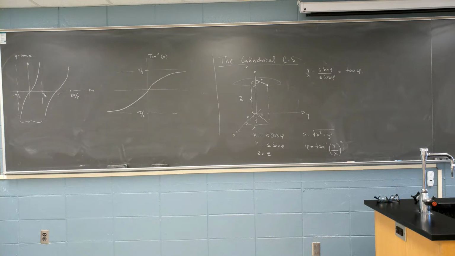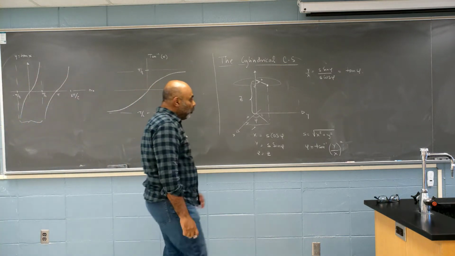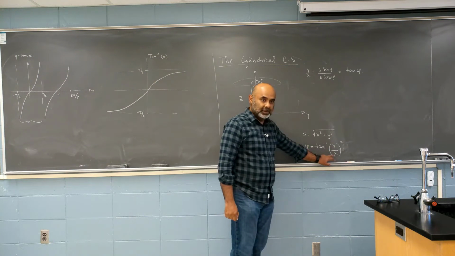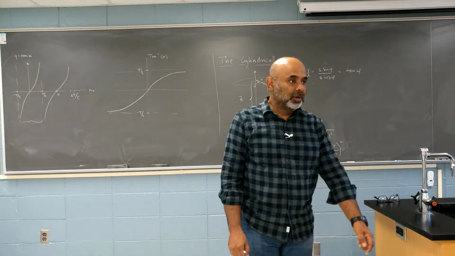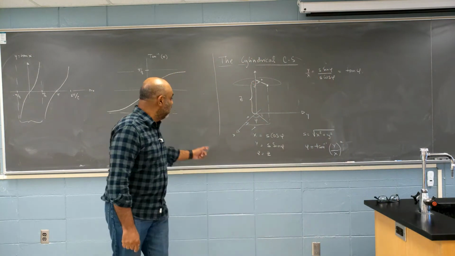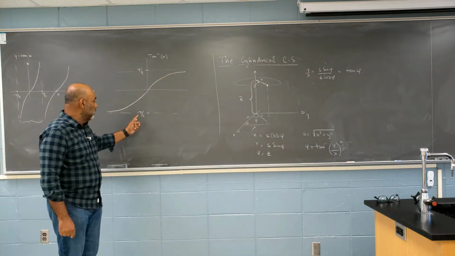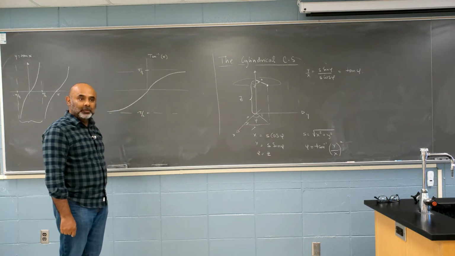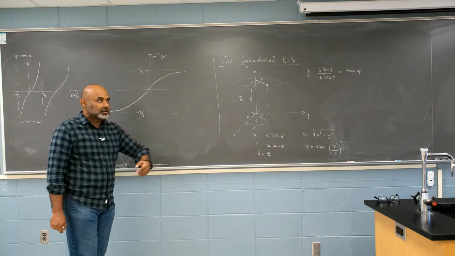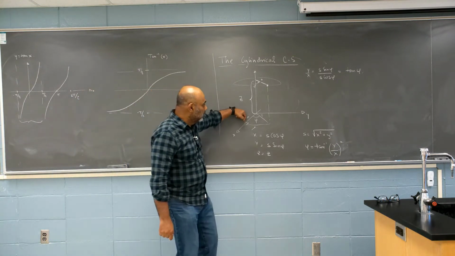But then the problem is, no matter what value of y and x I use, and you use your calculator to compute tangent inverse of that, it's going to give you an angle between minus pi over 2 and pi over 2. Well, that's not true, because what is the range of phi?